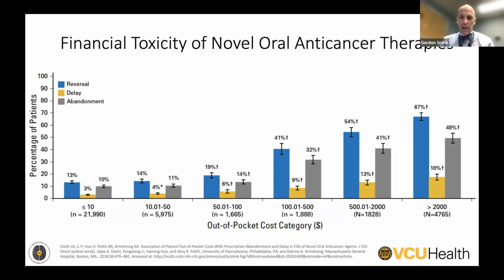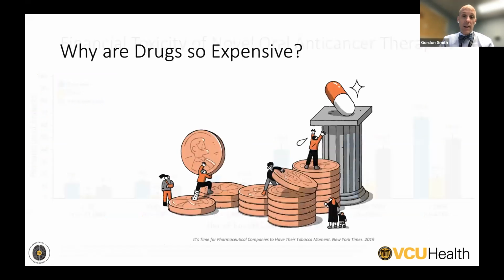But if we look over at the far right, you'll see that almost 50% of the most expensive drugs are abandoned. And these aren't drugs for neuropathic pain or symptom management. I mean, these are disease-modifying drugs and exciting drugs that could be life-saving for patients, and yet half of them don't fill the prescription. And so that's pretty striking.